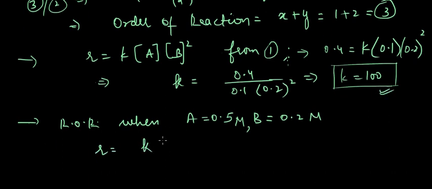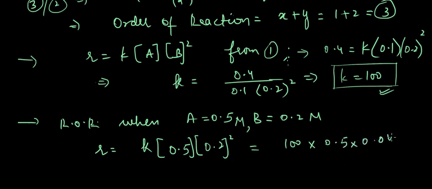So R equals K times 0.5 to the power 1 and 0.2 to the power 2. So this is 100 times 0.5 times 0.04. So the rate can be calculated easily from this. So the rate would be 100 times 5 divided by 10 times 4 divided by 100, so it would be 2.